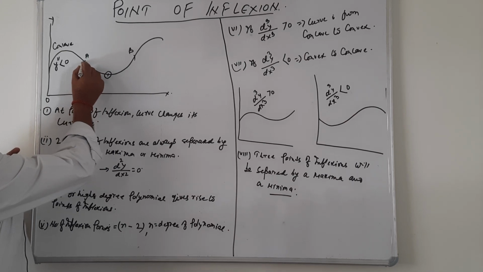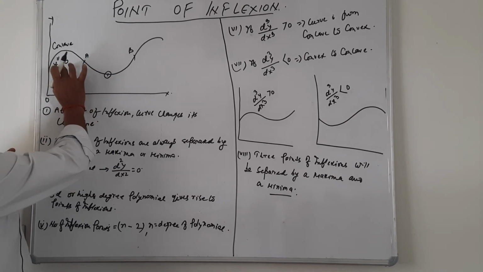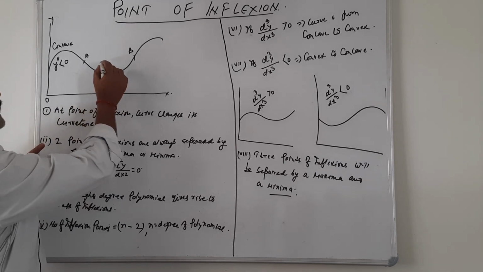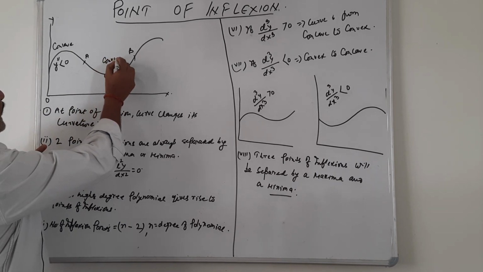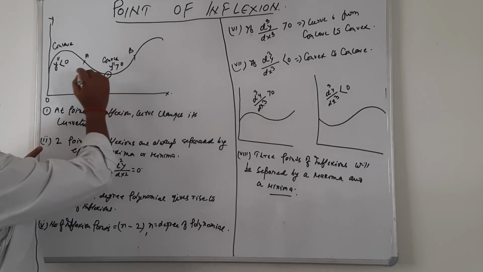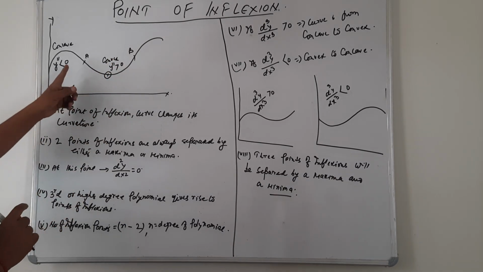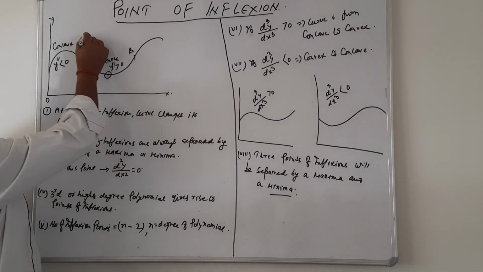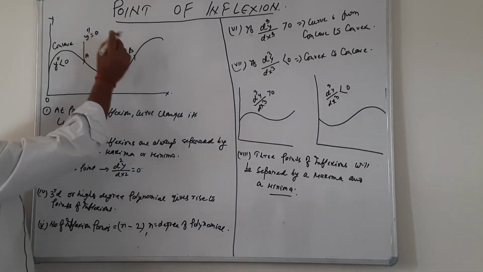At this point, this sign of curvature is going to be reversed, because beyond point A, this curve is convex, for which the second derivative would be positive. So the second derivative is going from negative to positive. So at this point, the second derivative happens to be 0.